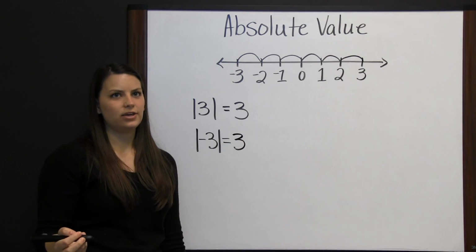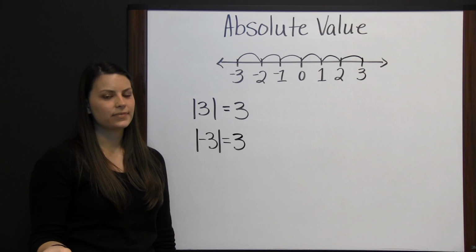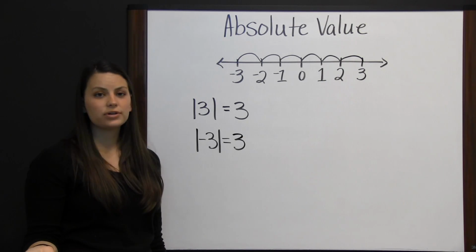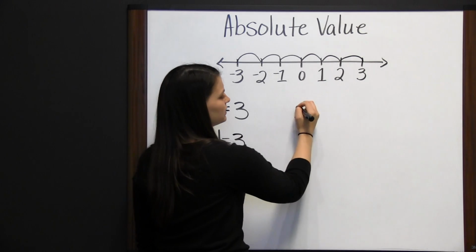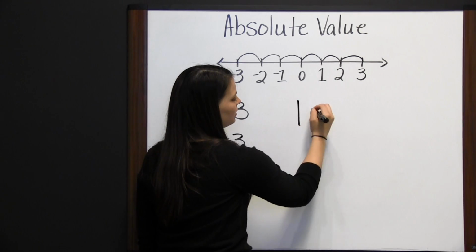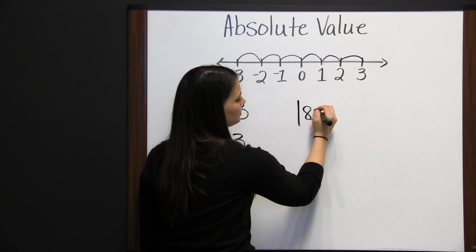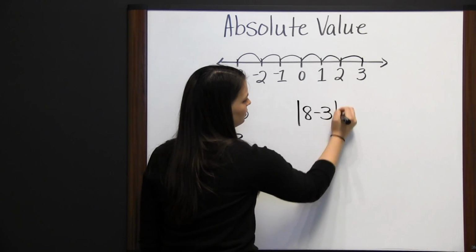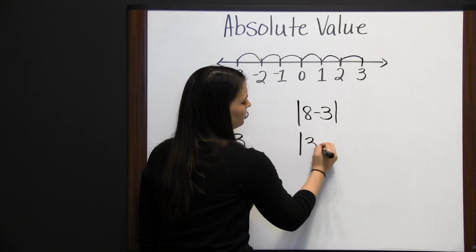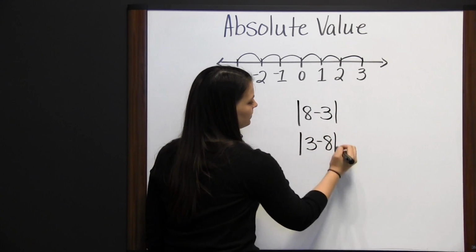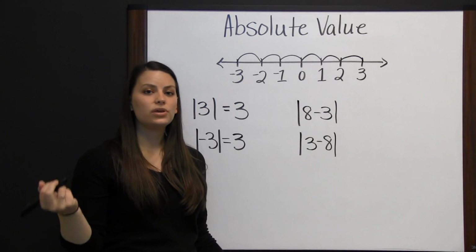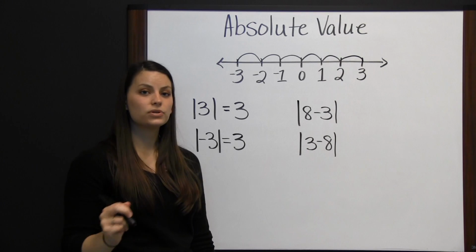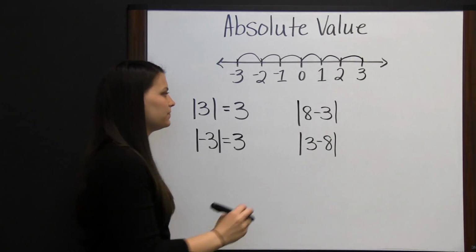The absolute value of a difference, when you're doing that, the order doesn't matter. Let's look at the absolute value of a couple of differences. The absolute value of 8 minus 3 and the absolute value of 3 minus 8. When you're doing the absolute value of a difference, again, the order doesn't matter. The result will still be the same.